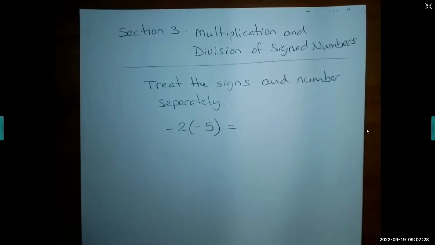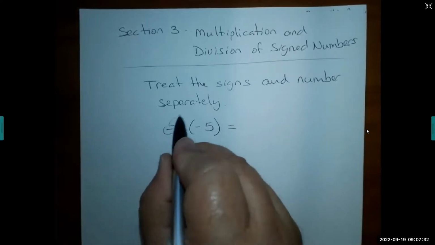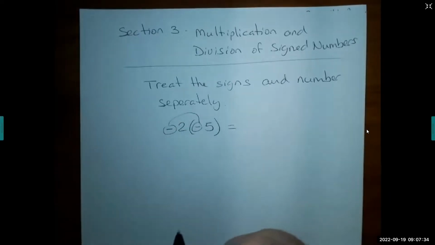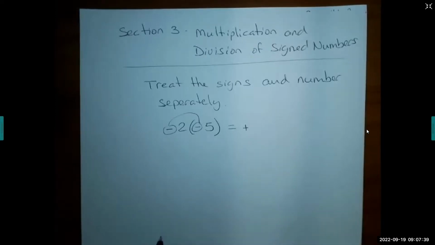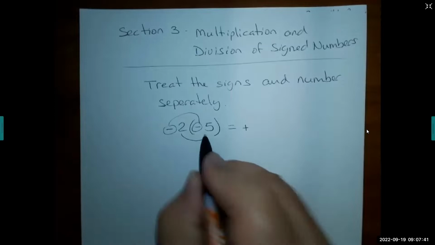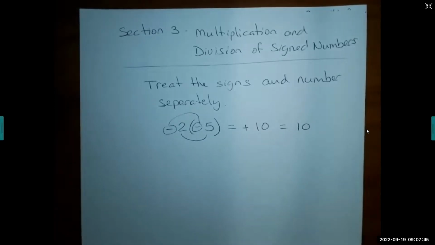So when you're multiplying, negative 2 times negative 5. Treat them separately. So first thing I look at, negative times negative. Since the signs are the same, it becomes a positive. Then the numbers, 2 times 5 is 10. You don't have to put the plus in front of the 10, so the answer is just 10.